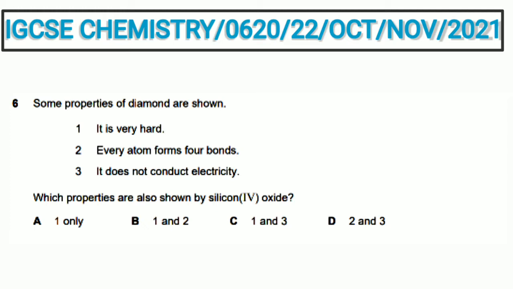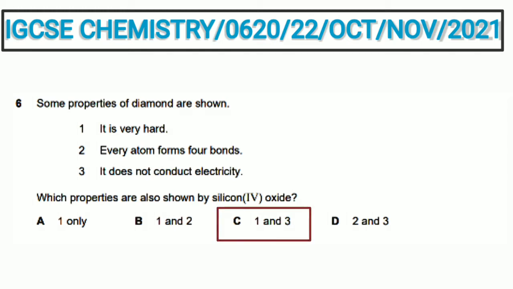Carbon forms 4 bonds, silicon forms 4 bonds, but oxygen does not form 4 bonds. So statement 2, every atom forms 4 bonds, is incorrect. Third statement, it does not conduct electricity, is a correct statement. So the correct answer is option C, 1 and 3.